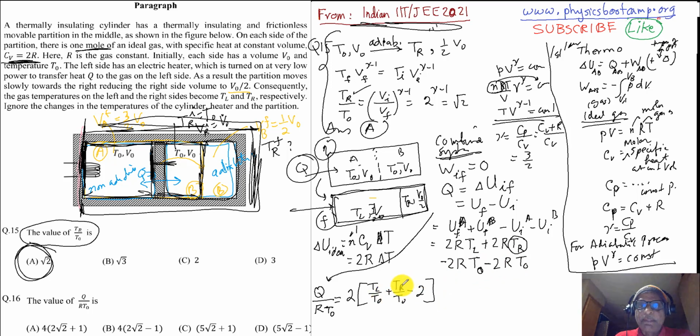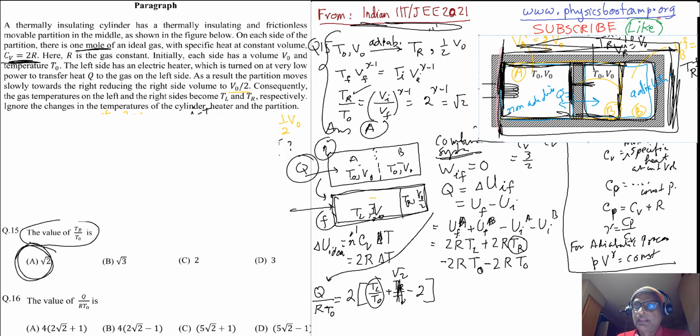Okay, so this one is square root of 2. And so we need to figure out TL over T0. Okay, so I'm going to find TL over T0.